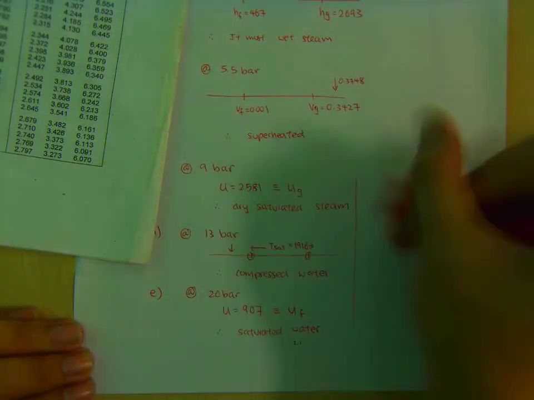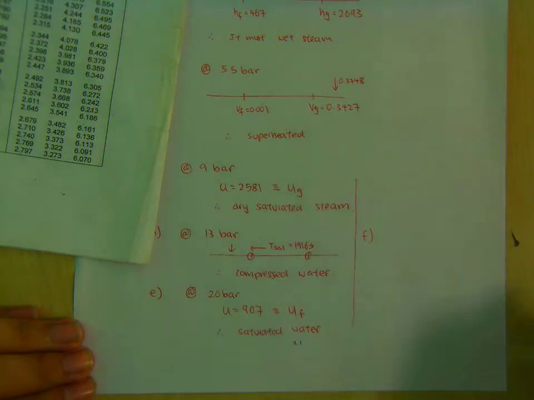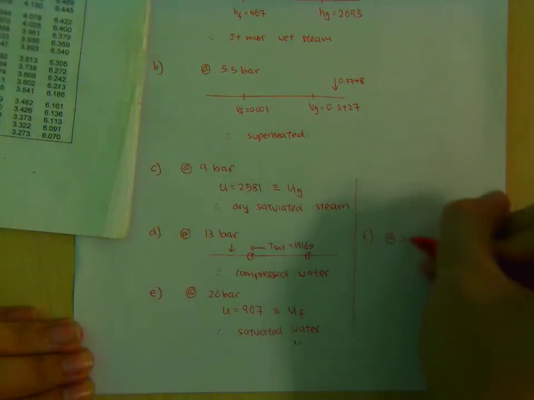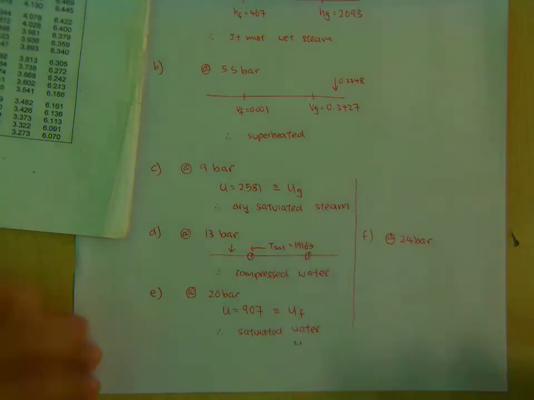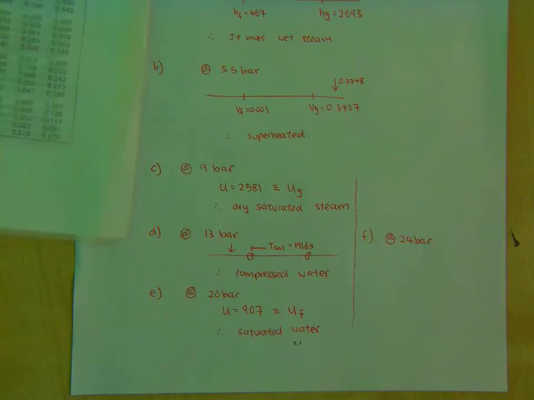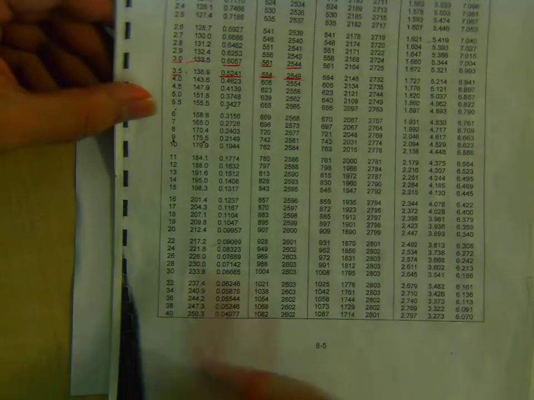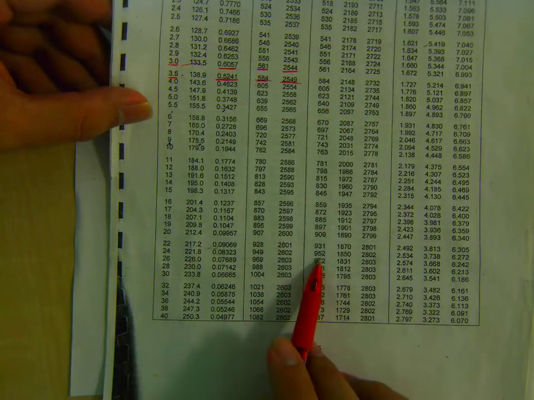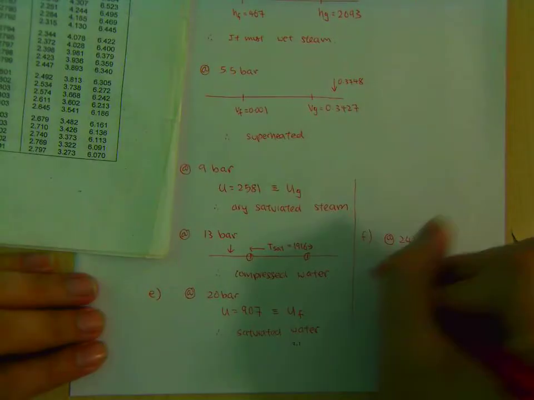Next for F. For F, we are given 24 bar. So again, we go to 24 bar. We are given the comparison value of H, so we look at the H. HF is 952 and HG is 2802. Again, we draw the number line.